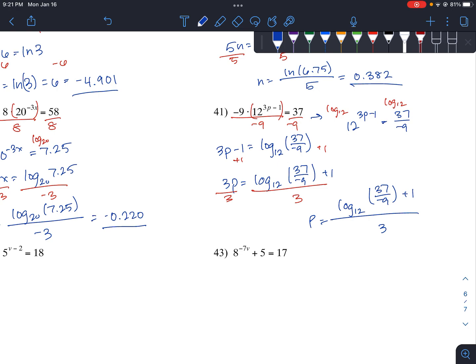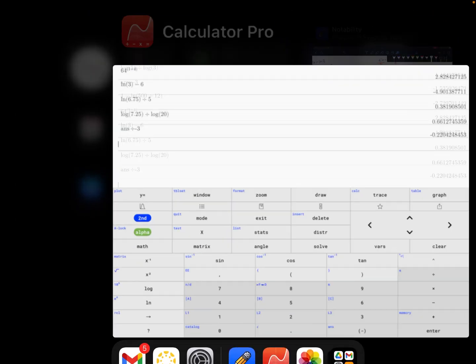Now this is kind of a tricky one to put into your calculator. If you honestly wanted to leave it like this, that's an exact answer, which I'm okay with. But let me show you how I would do this in the calculator. Make sure you have it written down so you can follow along with me.